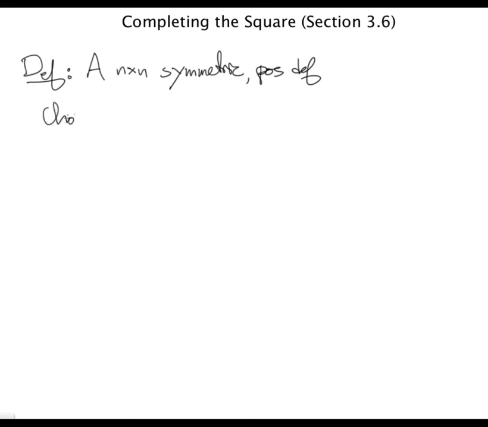A word about this. Another way to say what I just said is the following. So we have our n by n symmetric matrix, and it's also positive definite. The Cholesky factorization is the following.